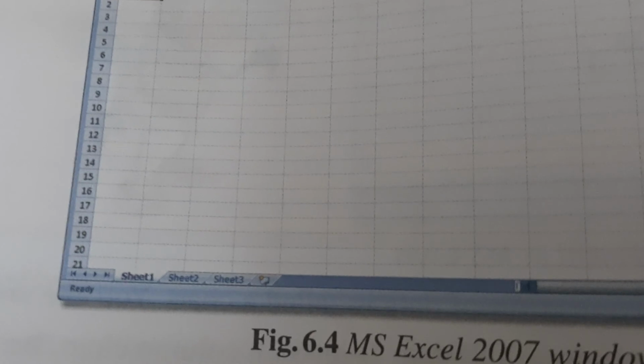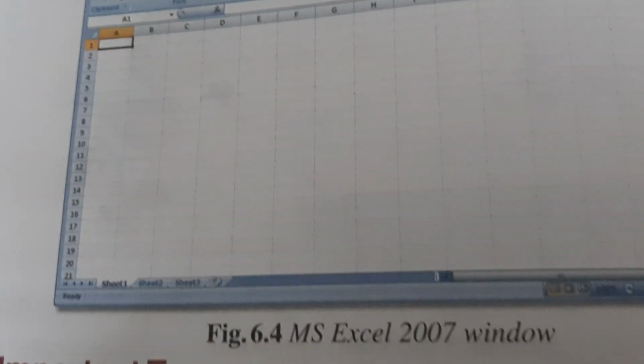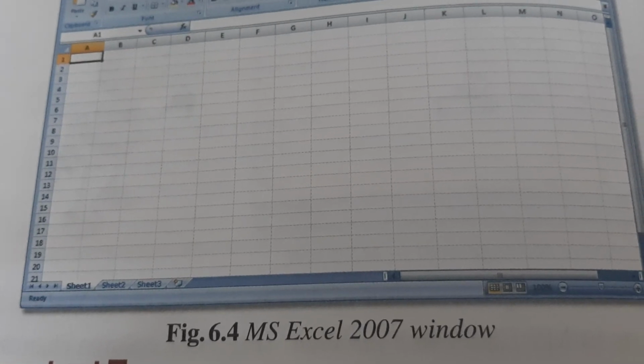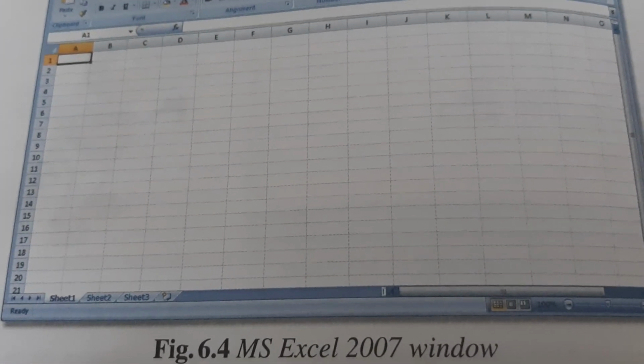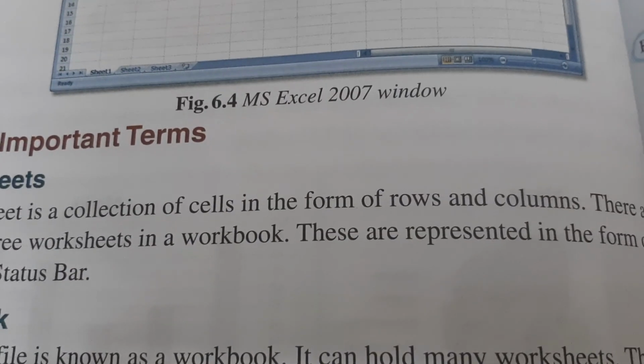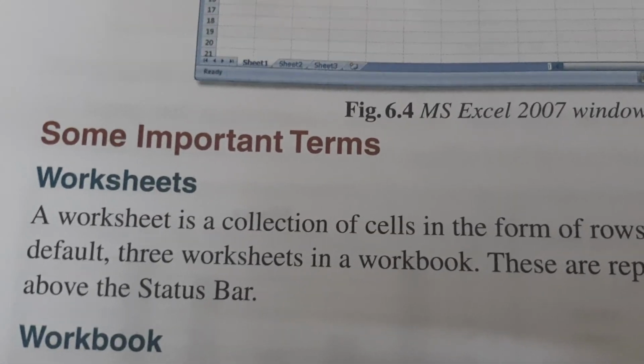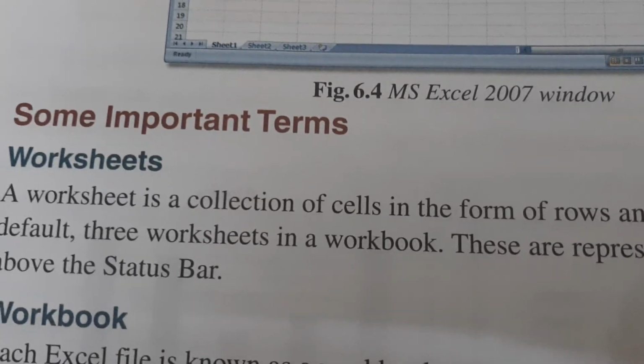This one is sheet 1, then sheet 2, sheet 3. In one workbook we have 3 sheets. And a sheet looks like this. These are represented in the form of tabs above the status bar.